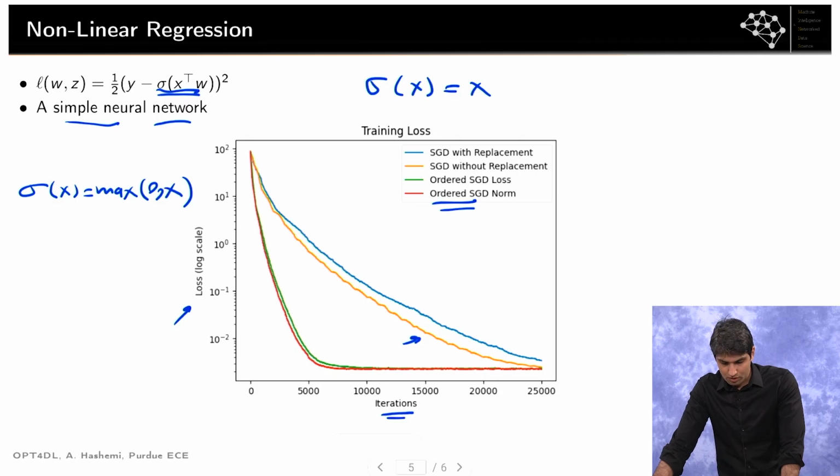Okay? So what that means is that I'm going to sample the minibatches such that the samples have higher loss or the samples have higher gradient norm. And as we can see here, doing so will result in a much faster convergence compared to SGD with replacement and SGD without replacement. Okay.